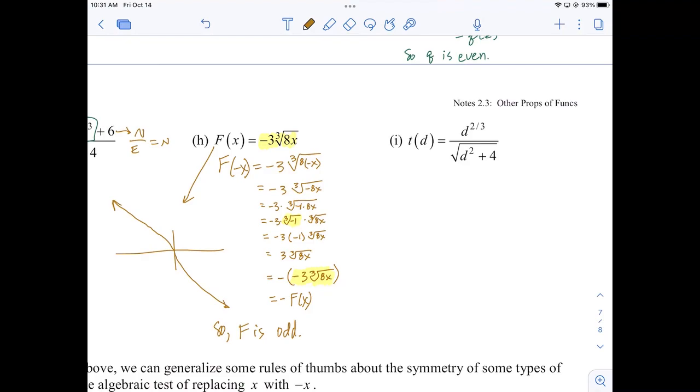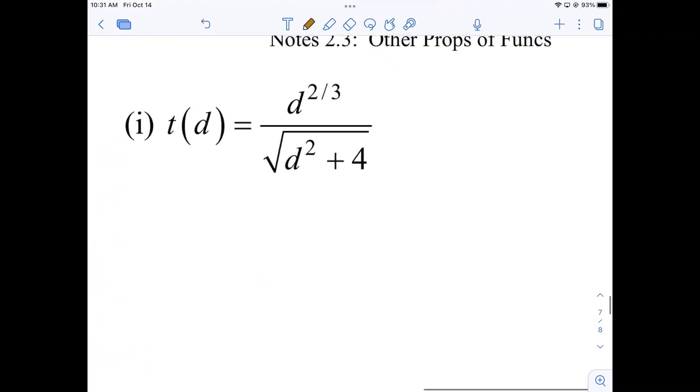What do you think the top is? Do you think the top is even, odd, or neither if it's D to the 2/3? Odd? Ah, well, yeah. What is that? I'll do this too. Is everyone on task here?